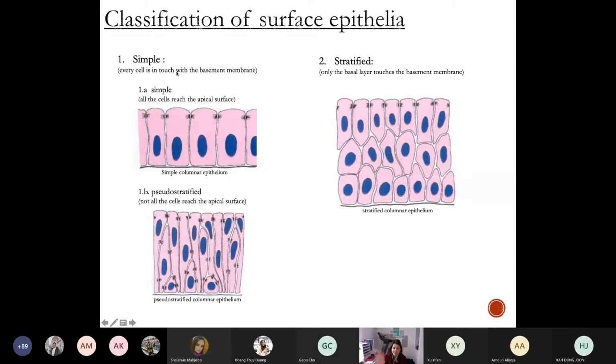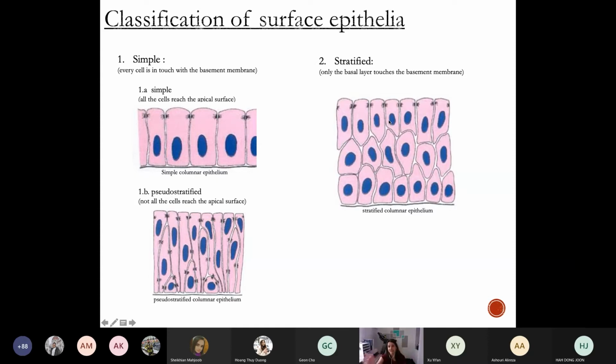The main difference is that in simple epithelium, each cell is in contact with the basement membrane. In stratified epithelium, only the lowest layer is contacting the basement membrane, and the upper layers are sitting on top of each other.